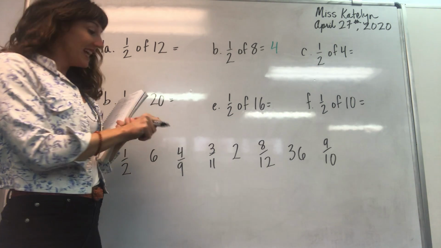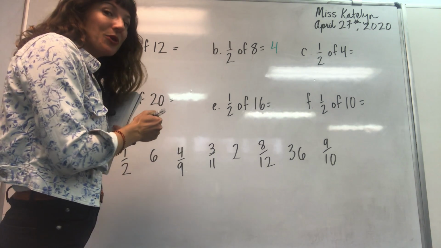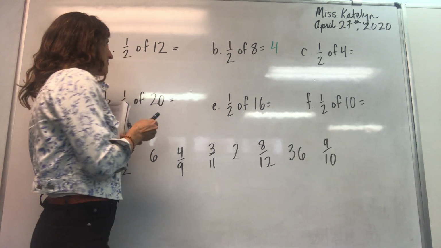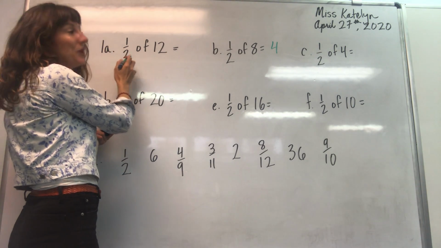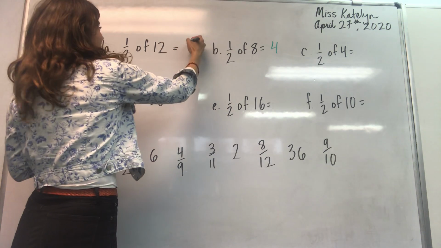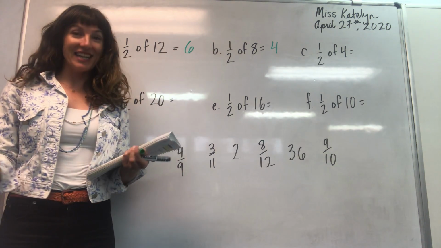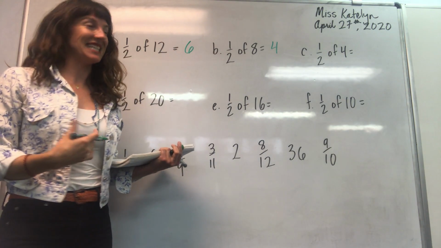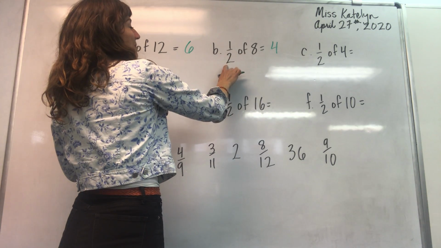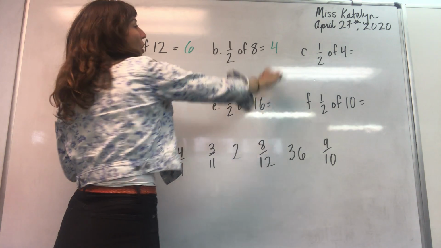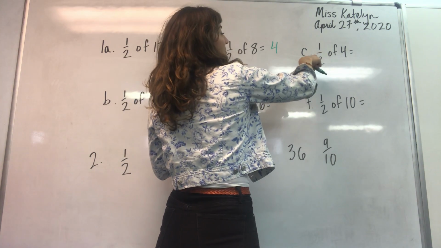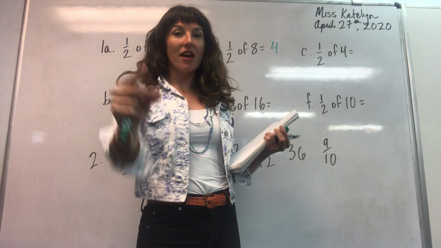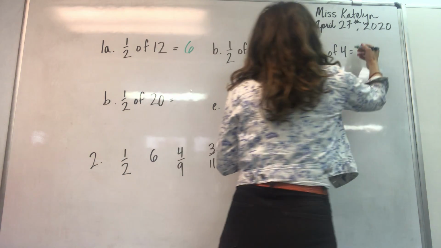So here we're going to breeze through section 1. 12 divided by 2 is 6. Very good. I already did 1B in the example. 8 divided by 2 is 4. Here we go again. 4 divided by 2 is 2. Very good.